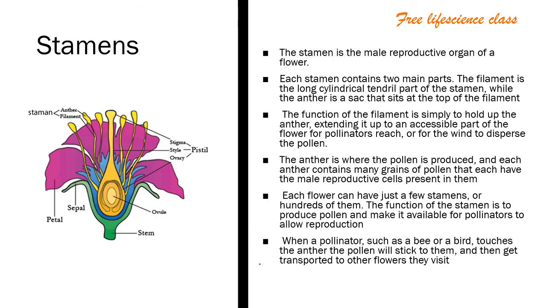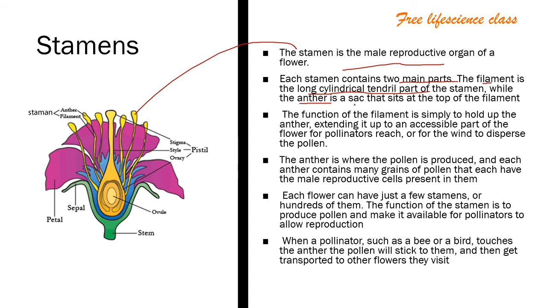Next, moving into stamen. Stamen is the male reproductive organ of the flower. This yellow part is the stamen, and each stamen consists of two main parts. One is the filament, that is the long cylindrical tendril part of the stamen, and next is the anther.